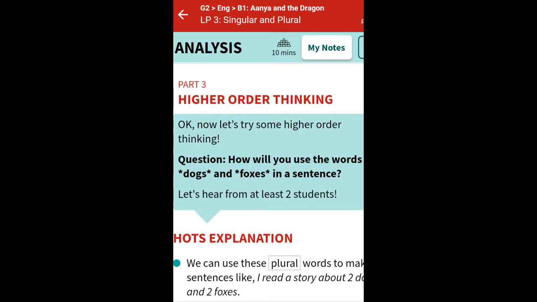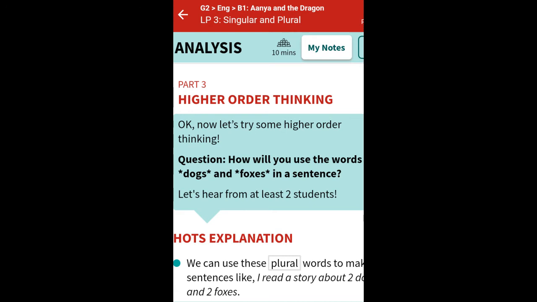How will you use the words dogs and foxes in a sentence? Now we are going to use these words in a sentence. We can use these plural words to make a sentence like, I read a story about two dogs and two foxes. See the sentence. I read a story about two dogs and two foxes.